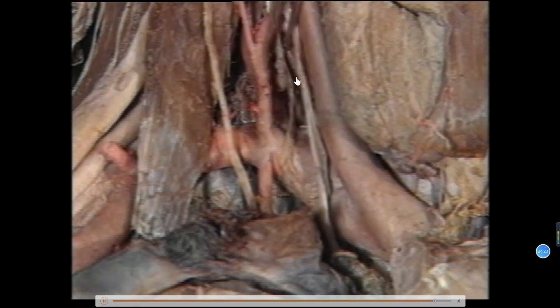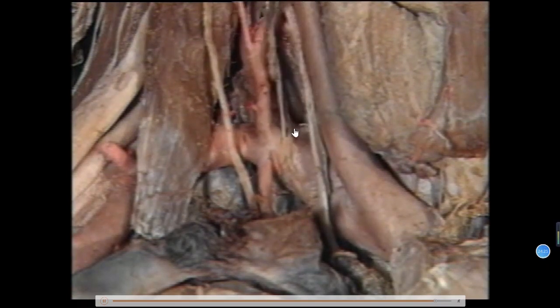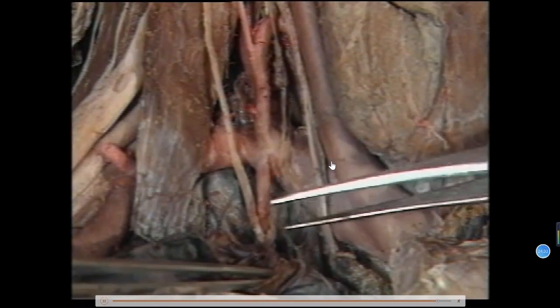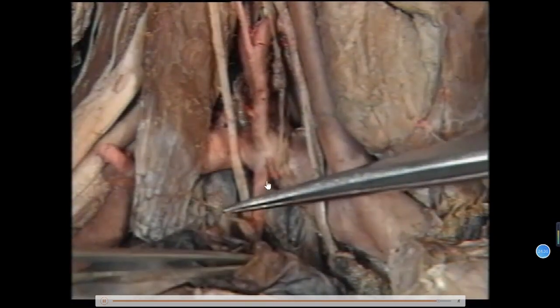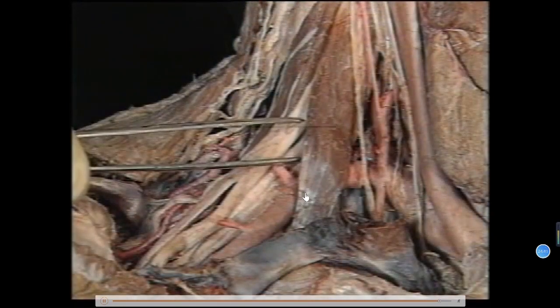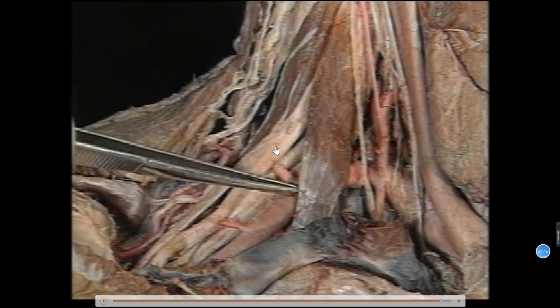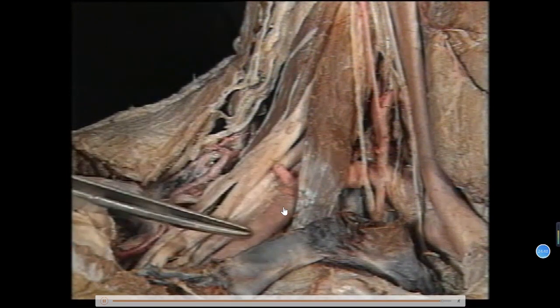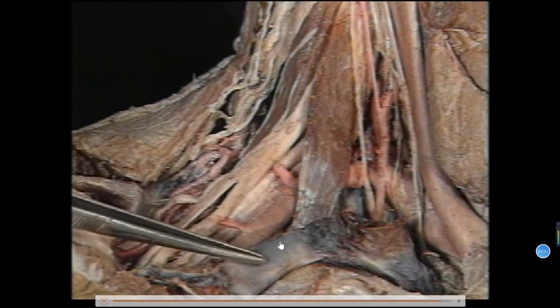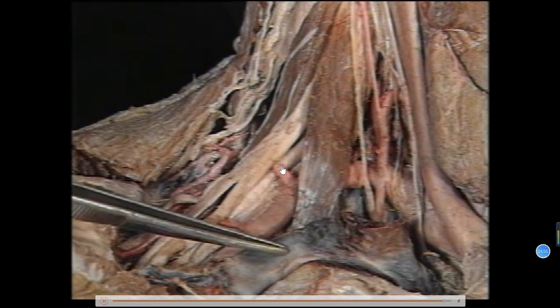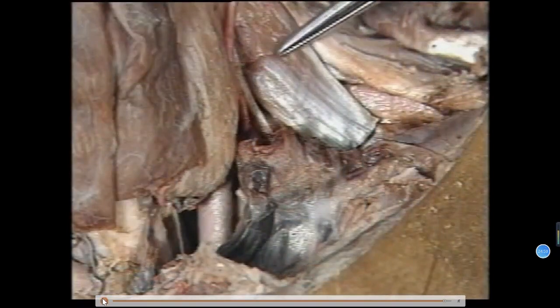Vagus nerve, cervical sympathetic trunk, and some ducts, lymphatic duct. Laterally is the middle part of the brachial plexus, the third part of the subclavian artery, and the beginning of the subclavian vein. These are the relations of this muscle.